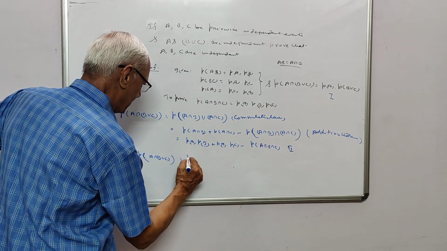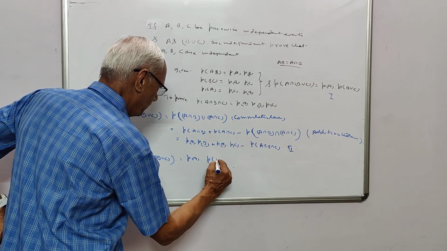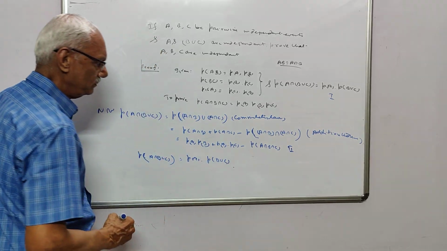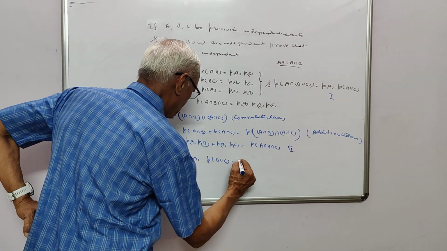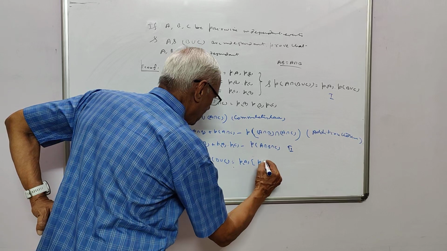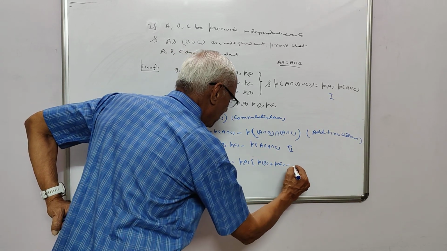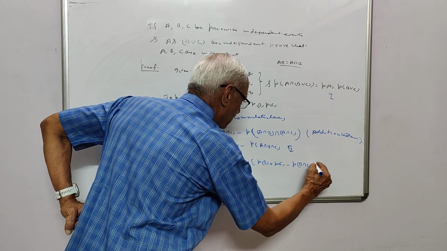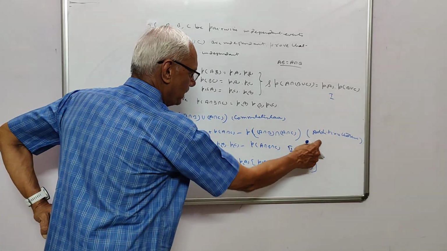So you will write this as P of A into P of B union C. But P of B union C is equal to P of B plus P of C minus P of B intersection C, because I use the addition theorem here.